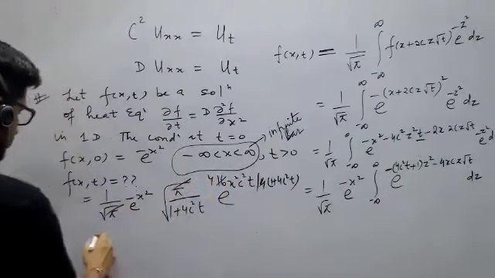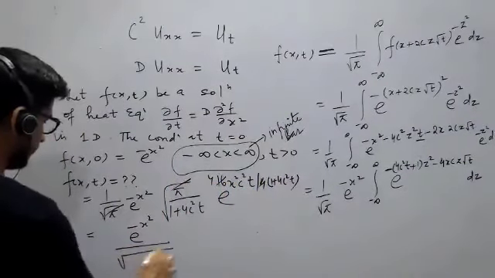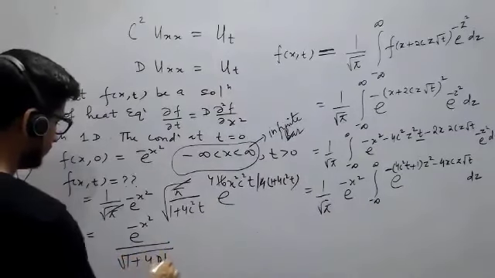Pi cancels. So it will become e to the power minus x square by under root 1 plus 4ct.